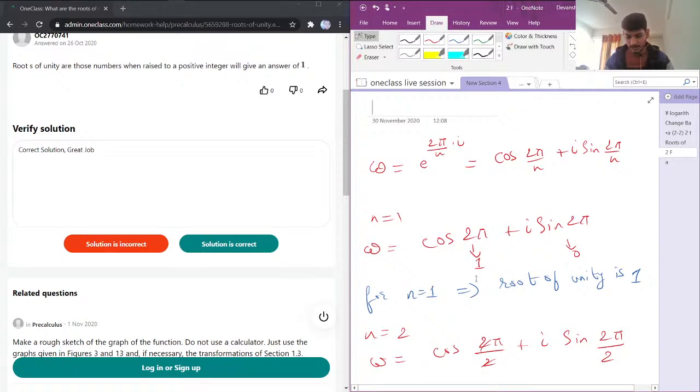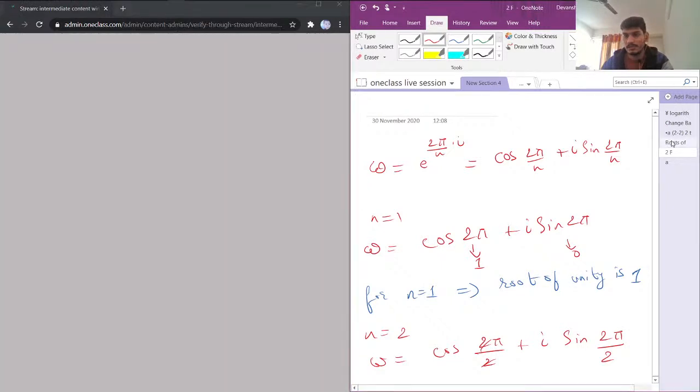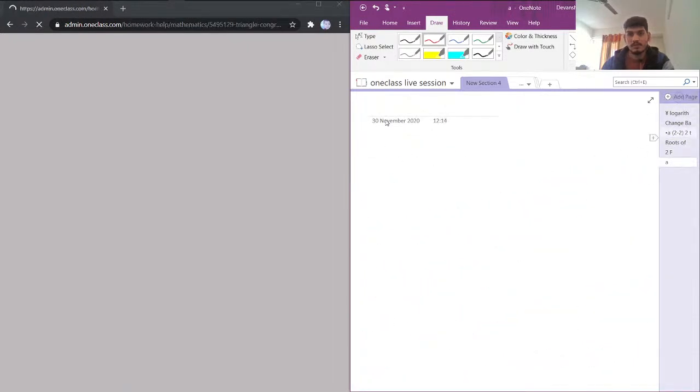Cos of 180 will be -1, sine of 180 is 0. Okay, that was correct. So solution is correct. Great job. This was question number 3. We will move towards question number 4.